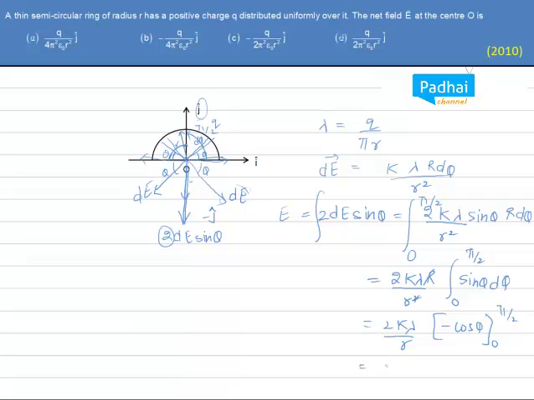So this will come out to be, if I put the value of lambda also, q upon 2 pi square epsilon naught into r square, into minus j cap. It will be in the negative direction. That means option C is the correct answer.